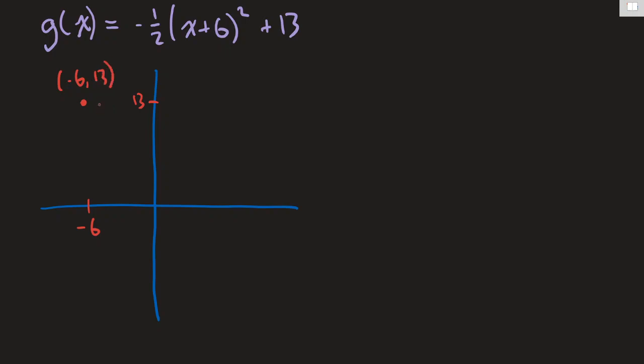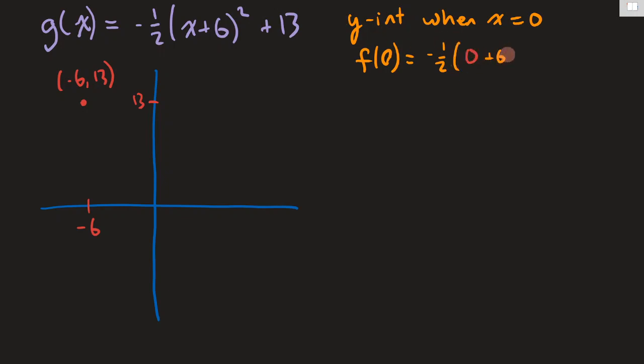So now let's find our y-intercept. Our y-intercept is when x equals 0. So f of 0 is negative a half of 0 plus 6 squared plus 13.